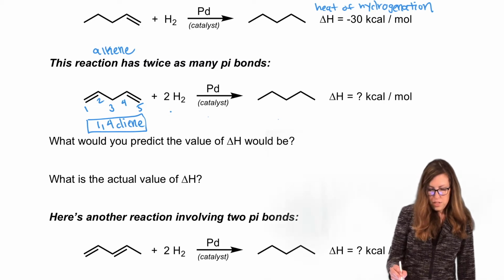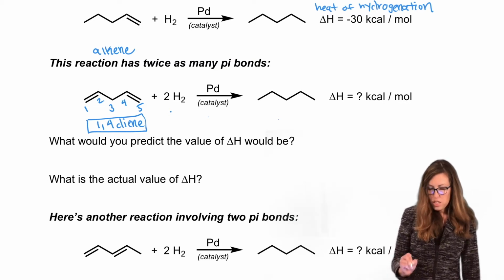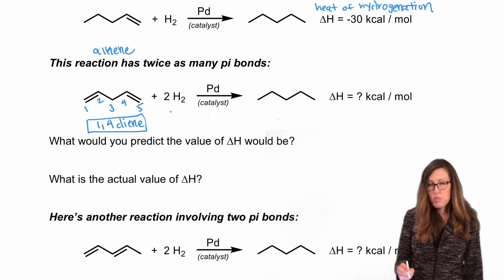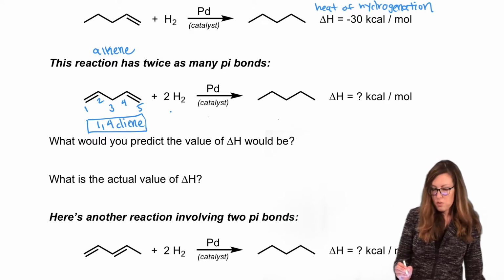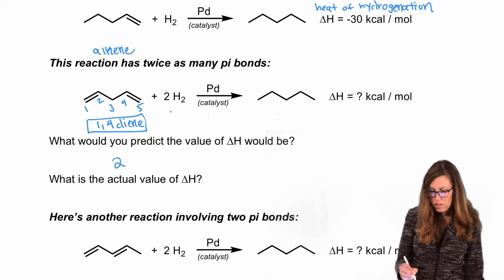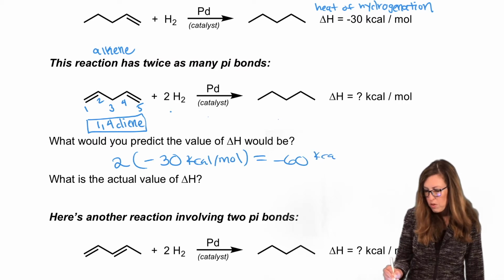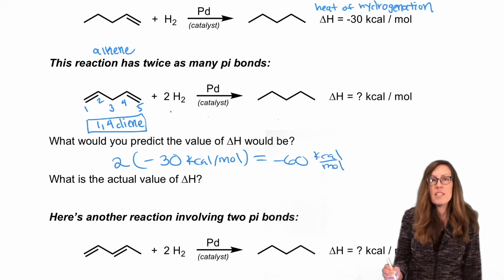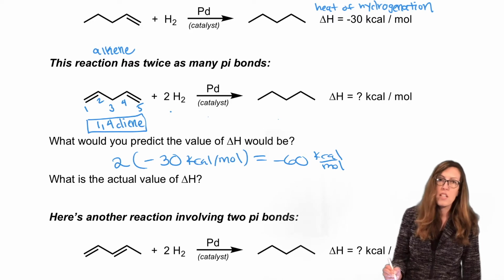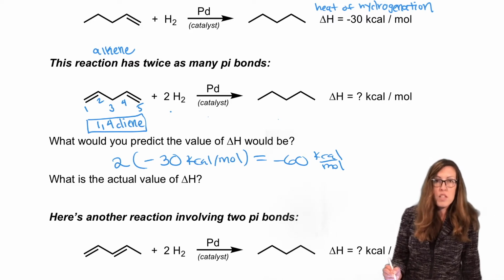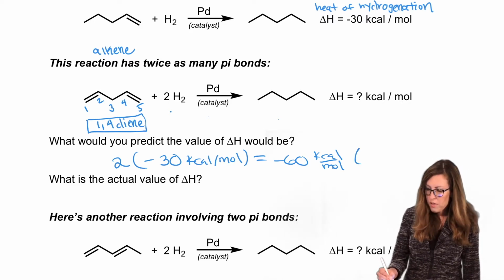If we want to reach the same one, a good prediction, I mean, it's simple, we have twice as much that we need to react, then I'd say, okay, well, 2 times negative 30 kcals per mole would give me negative 60 kcals per mole. And because I'm using previously established data to predict something that maybe is unknown, I would call this my theoretical value.